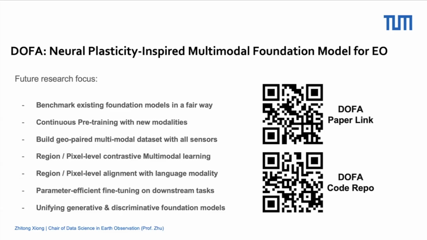For example, if you are training a diffusion model, you can also use the features from the UNet for the discriminative tasks, not only the generative tasks like generating images.